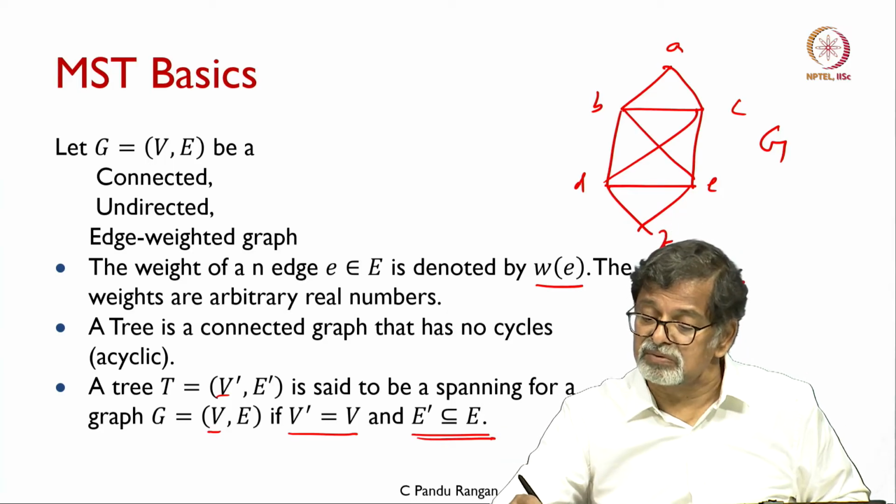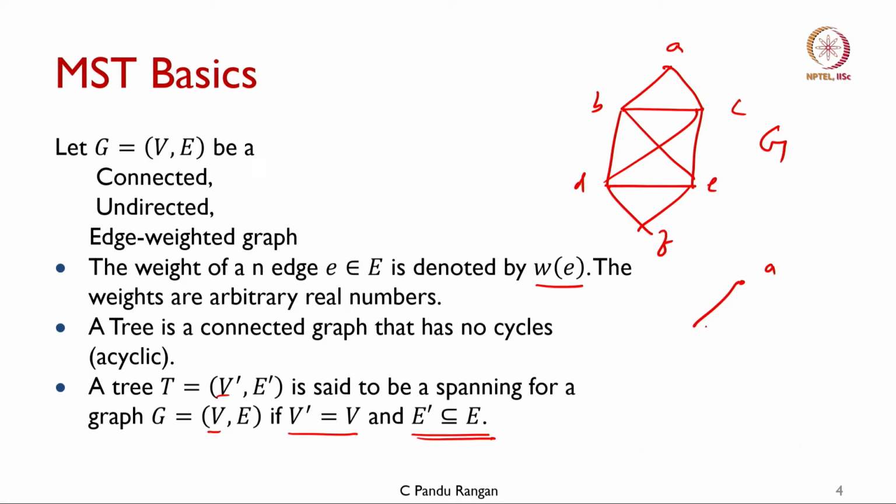So, for example, at A, I can connect with B, B with C, B with E, B with D, E with F. This is a subset of edges, therefore, this is a spanning tree. You can see that edges of T are edges of G. So, it is a spanning tree.